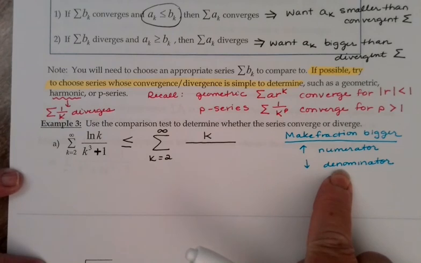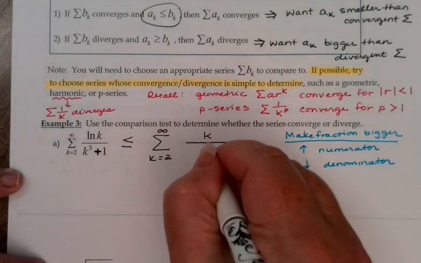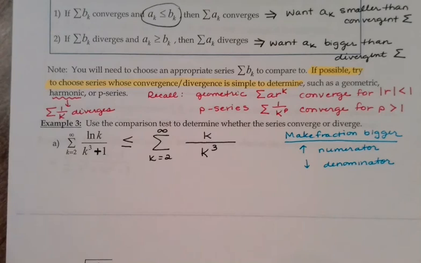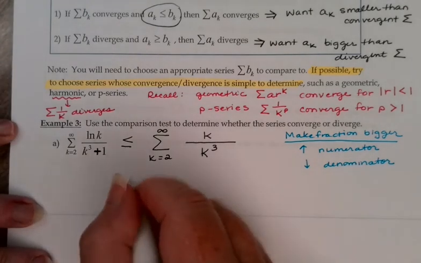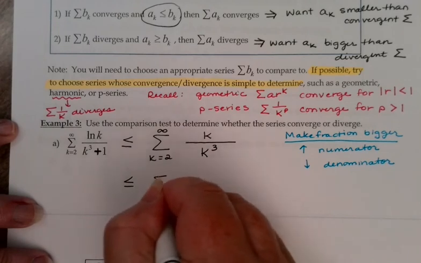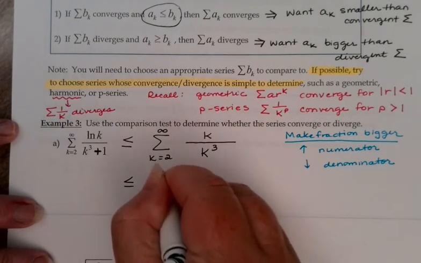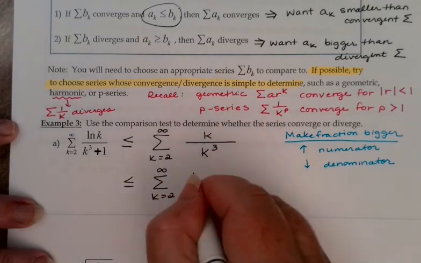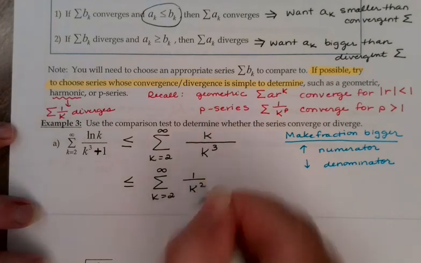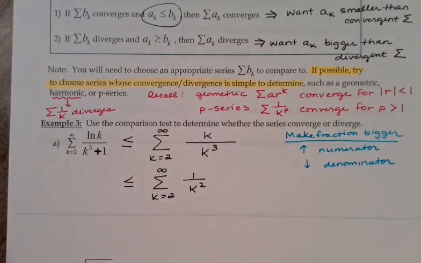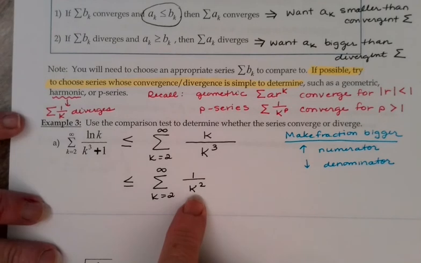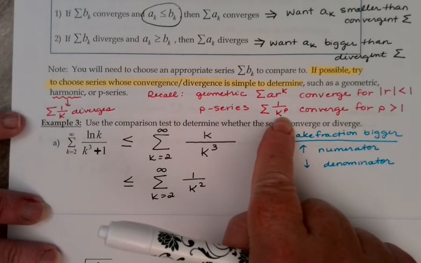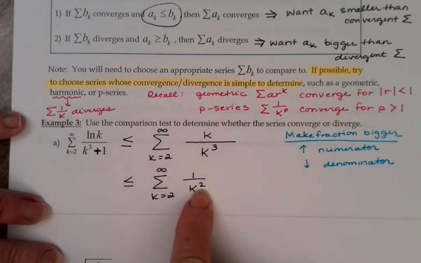Decreasing the denominator here, I could just make it k cubed. That would make the denominator smaller. That's pretty nice because that simplifies really well. K over k cubed simplifies to 1 over k squared. This is a p-series, and it converges because p is 2.